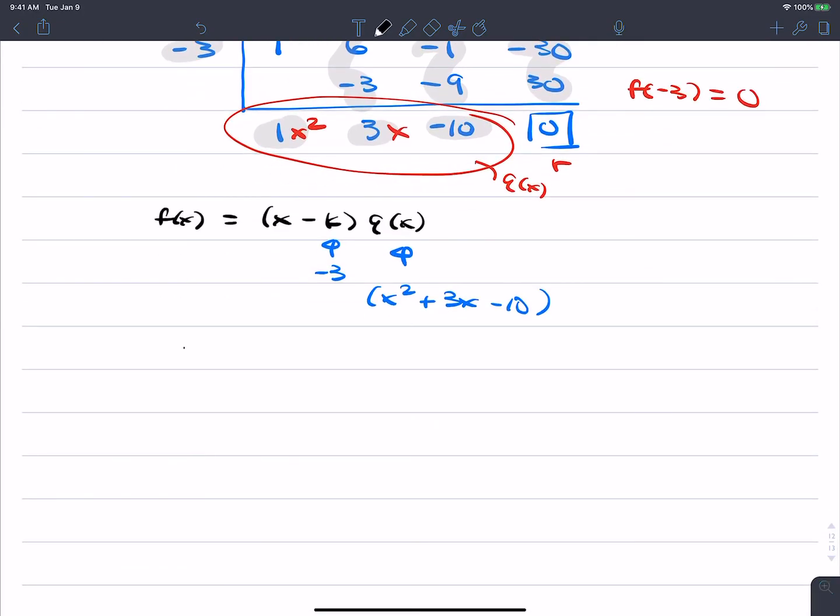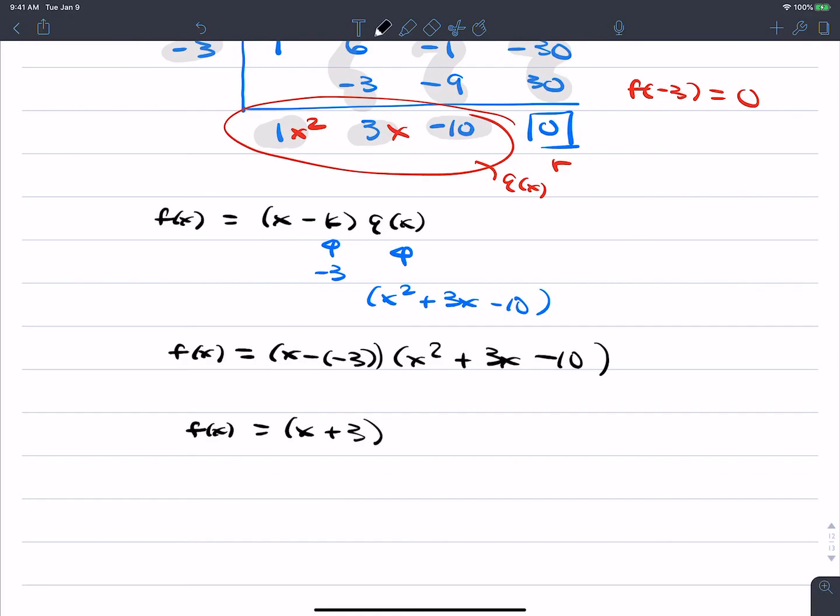So let's write this all together. The original function can be described as x minus a minus 3, x squared plus 3x minus 10. And don't forget, minus the minus actually makes this a plus. Here's what we're looking at.